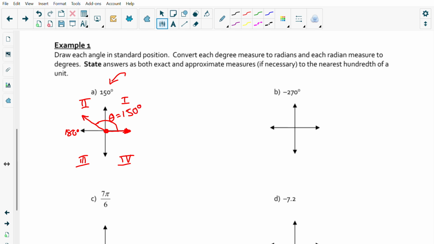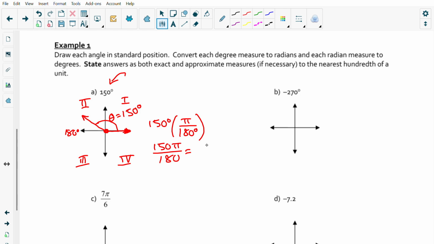Let's convert each degree measure to radians and each radian measure to degrees. State the answers as both exact and approximate measures to the nearest hundredth. So 150 degrees, our conversion is pi over 180 degrees. That is 150 pi over 180.